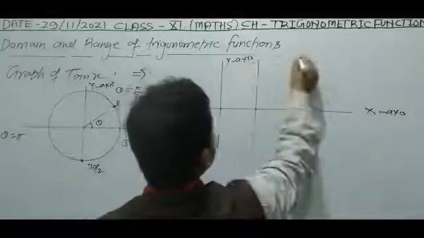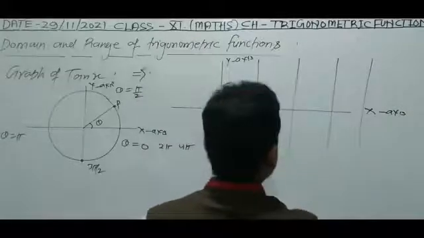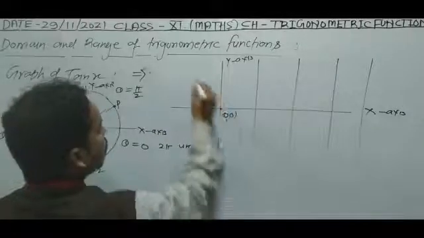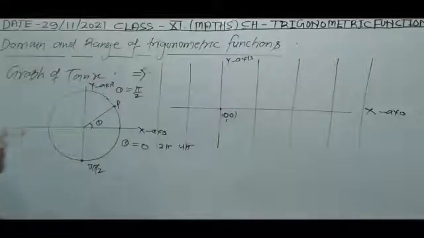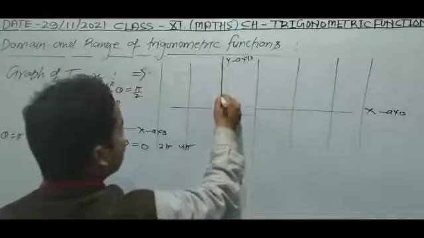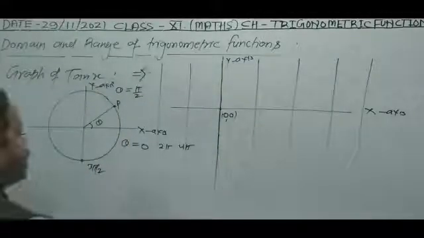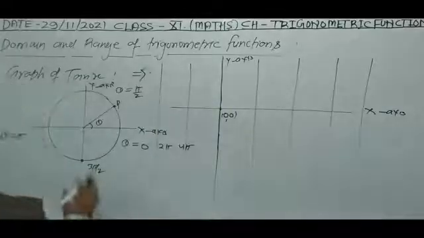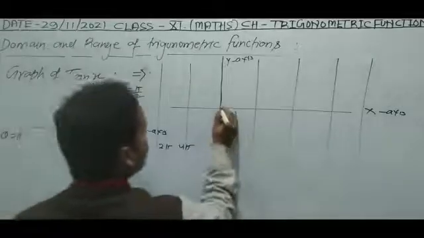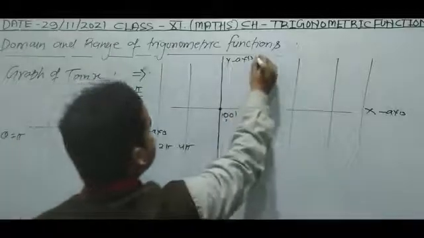Suppose this is the line parallel to y-axis that we have drawn, to the left of the origin also, and this is y-axis. Now at theta equal to 0, the value of tan x is 0, and at theta equal to pi by 2, the value of tan x is infinity.